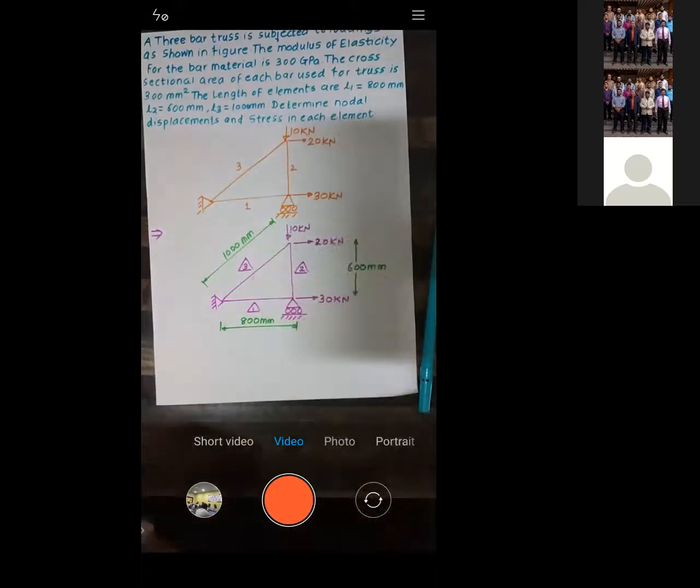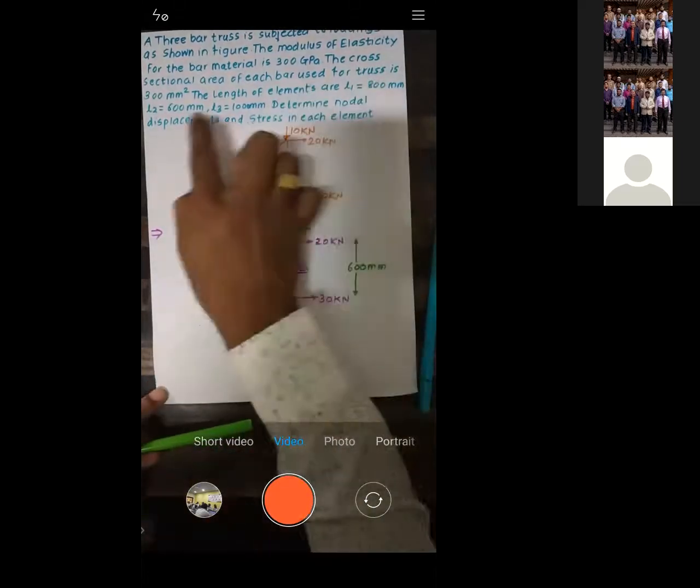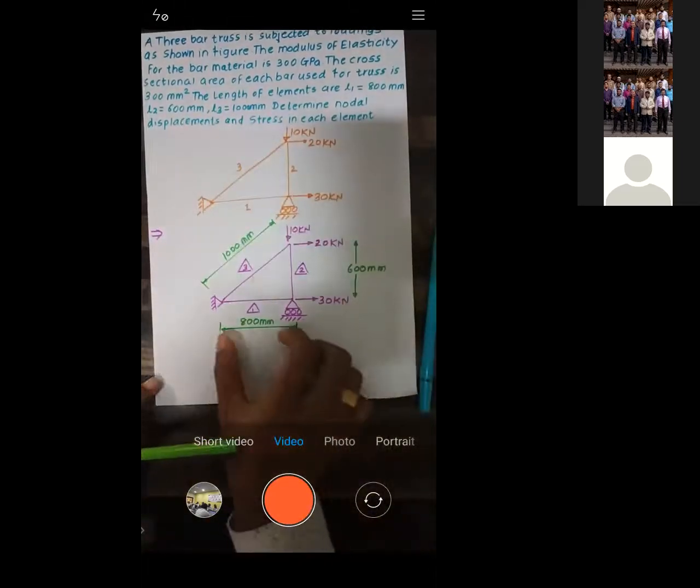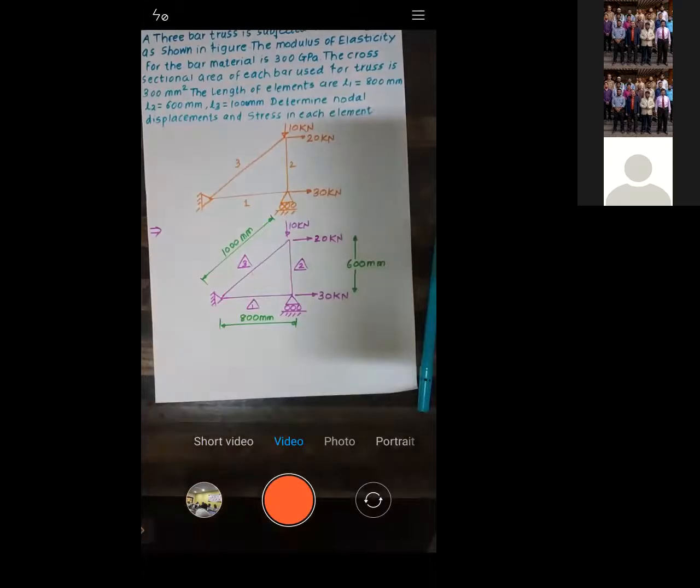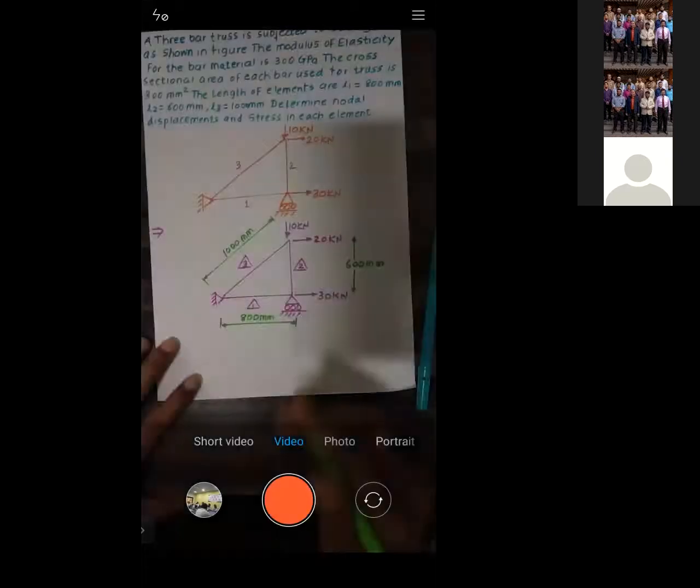It is mentioned in the problem: 800, 600, and 1000. Whatever data was given, we have input that data in the diagram.